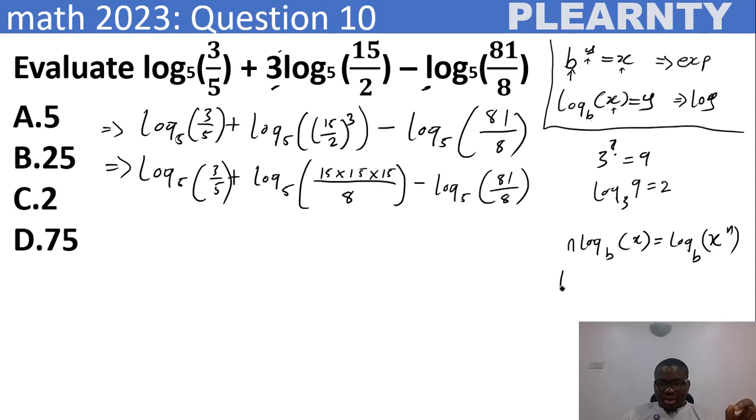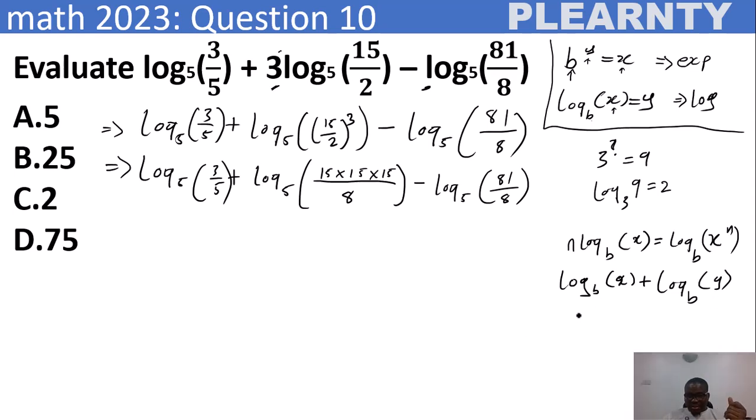When you have log base b of x, and you now say plus log base b of y here, it's the same as saying log base b of x times y. And when you have minus as well, let's say you have minus here instead of plus, then this will become division instead of times.